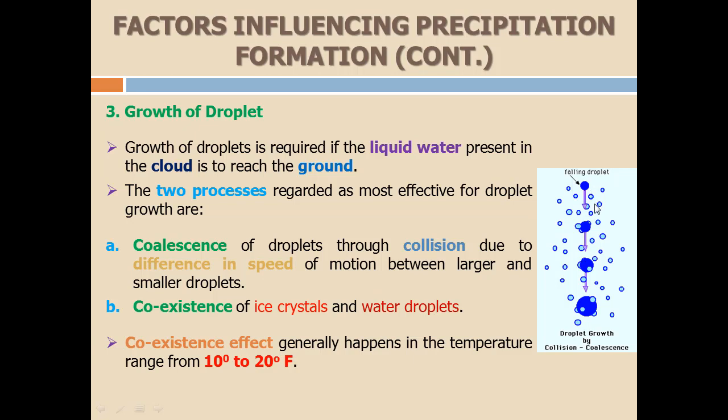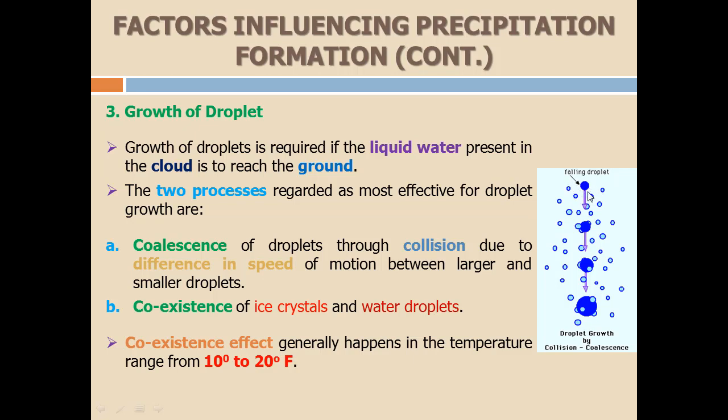Now, in the clouds we have these particles. Coalescence is for the rainfall process, the liquid precipitation, and coexistence of ice crystals and water droplets is for the snowfall process.